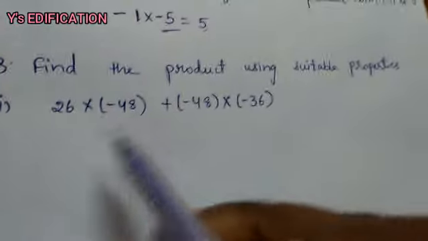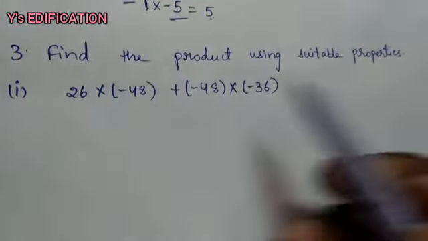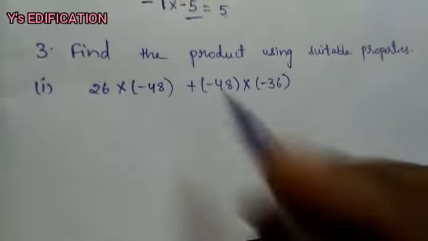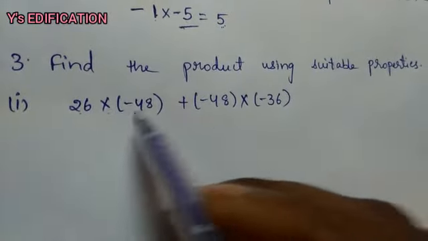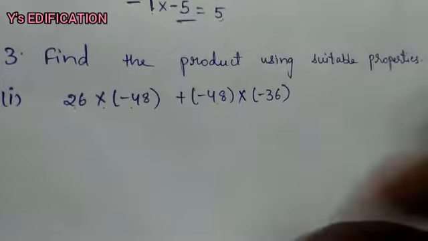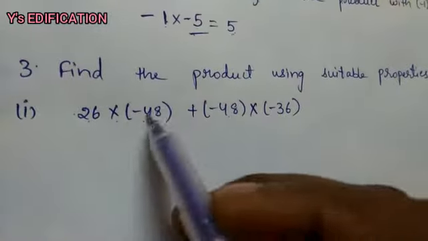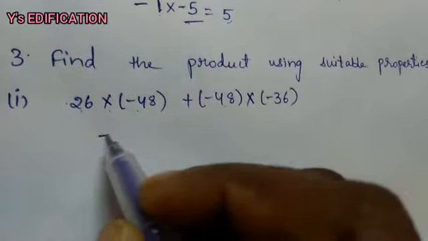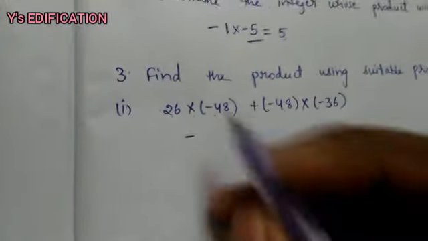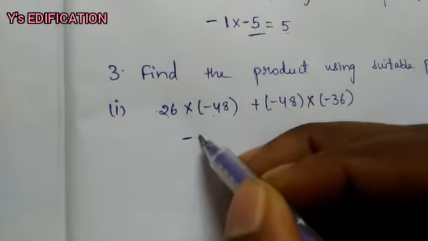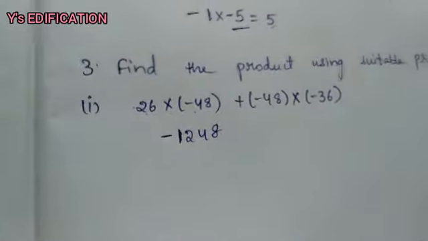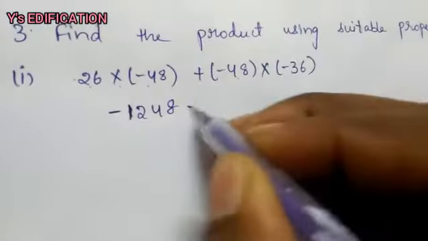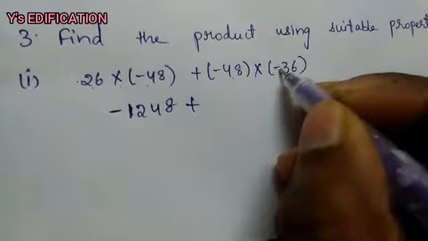Now, we will try to do a few more examples with multiplications and additions. Okay. So find the product using suitable properties. 26 into minus 48 plus minus 48 into minus 36. Here plus into minus is always minus. Okay. What is 26 into 48? 1248. Okay, you just do the multiplication. Plus minus into minus is always plus.